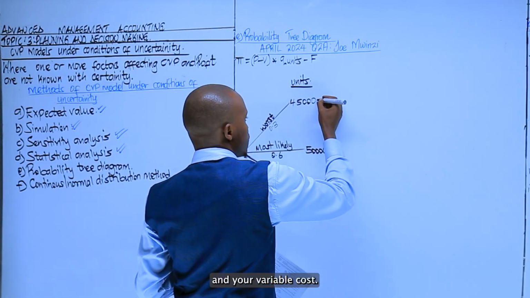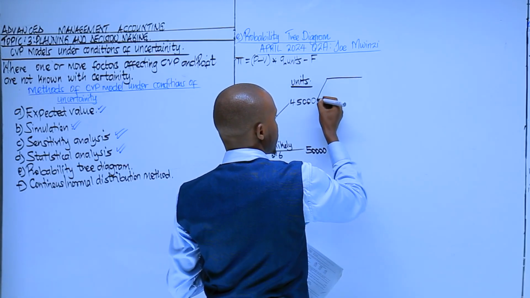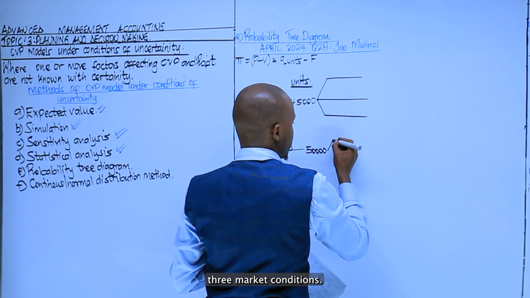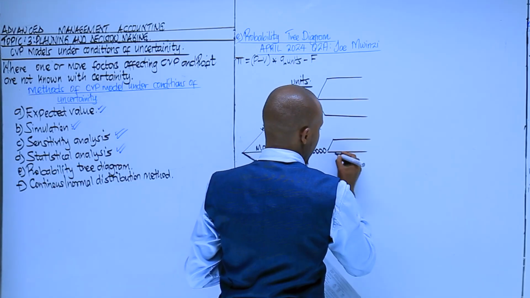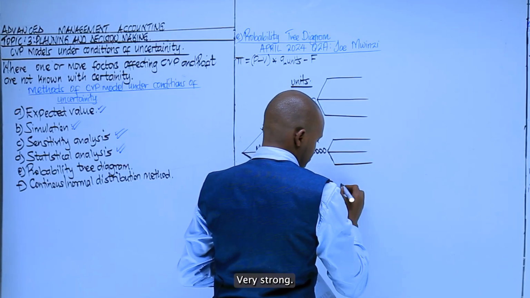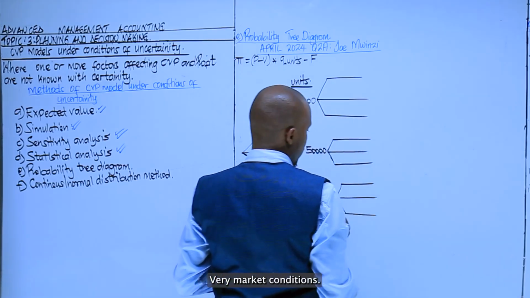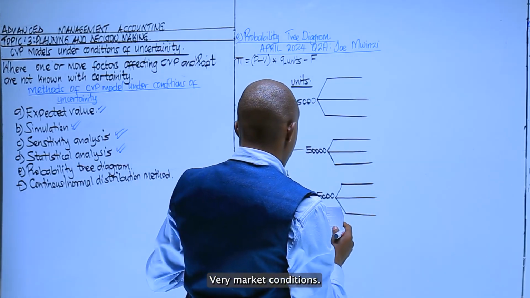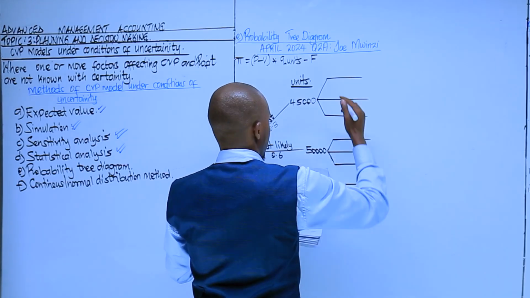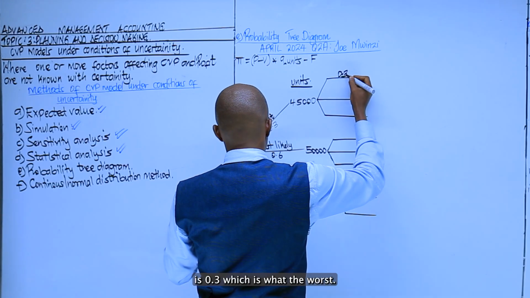And your variable cost, we will have it in 3 market conditions. Let's draw it nicely. The first market condition is 0.3, which is the worst.